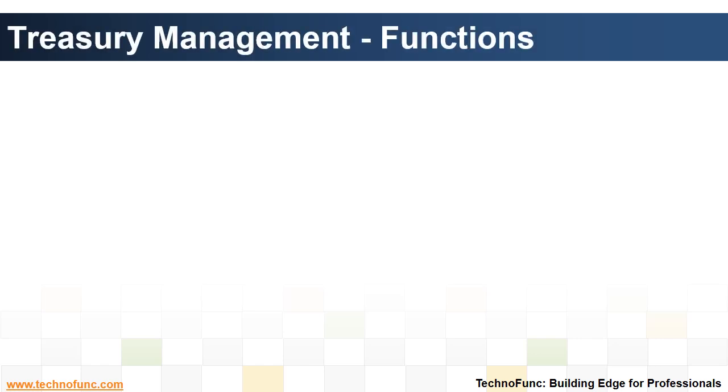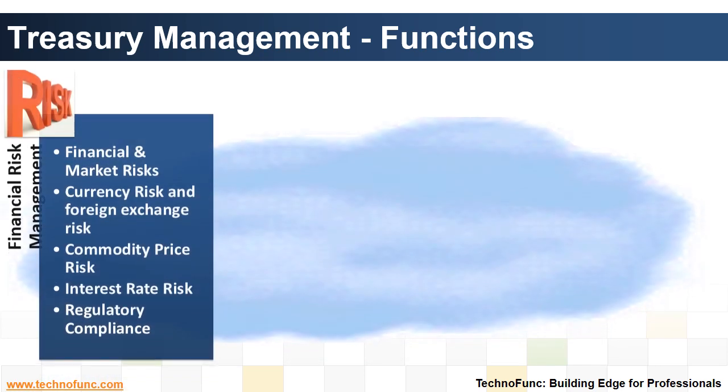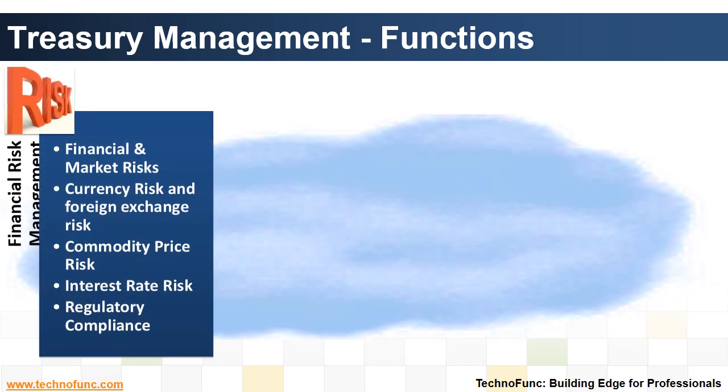Let us now understand functions of treasury management. Treasury management has become a specialized function and in today's context, treasuries are expected to perform the following critical functions. Financial risk management. Financial risk management is aimed at significantly reducing financial risks, which includes currency risk management, commodity price risk management, interest rate risk management, and other market risk management.